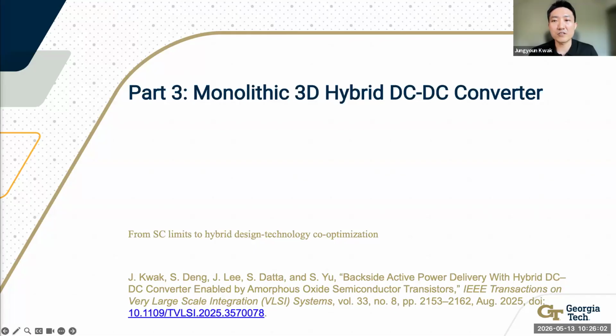Part three answers the question: is there a better topology that can do this conversion more efficiently and in less area? For that, we propose a two-stage hybrid.